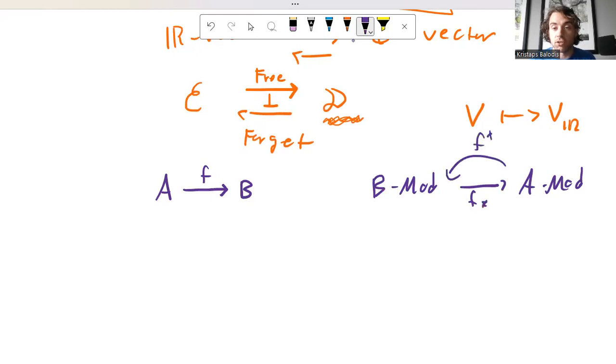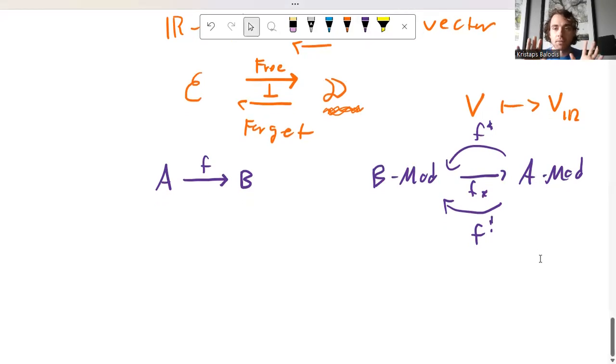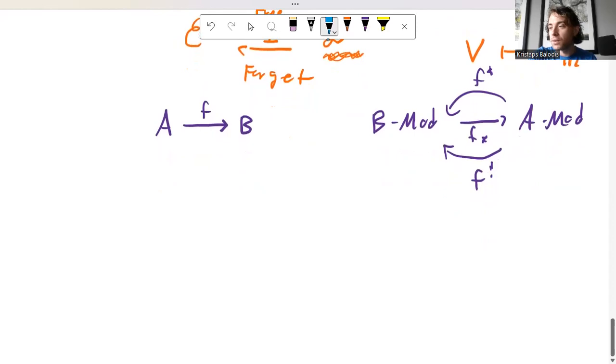So you basically get this triple adjunction. And if you look up on my channel, I have a video called Adjunction Junction, where I talk about these things and how they're related to, say, induction and restriction of representations of groups. Okay, that's the end of the more abstract part.